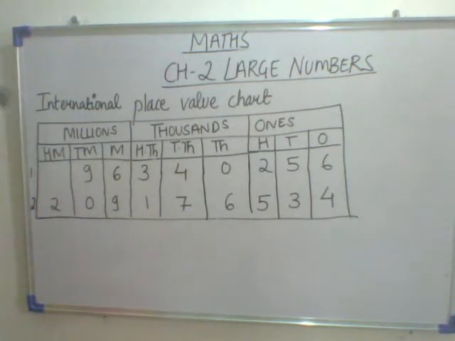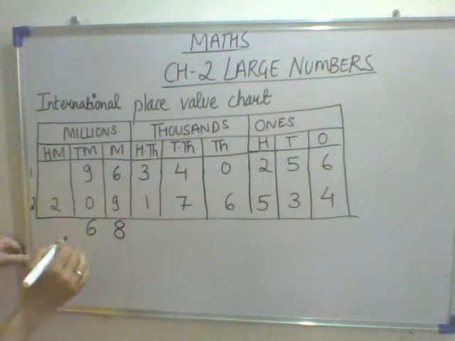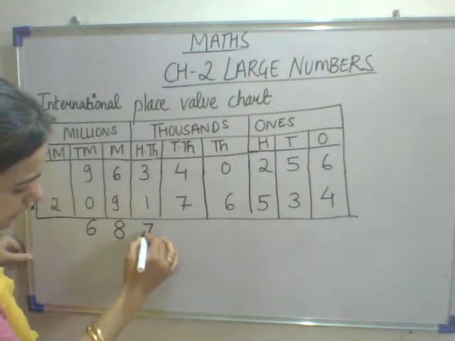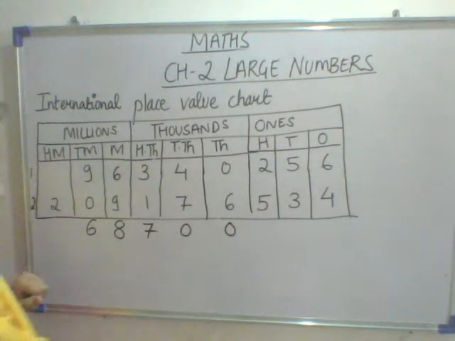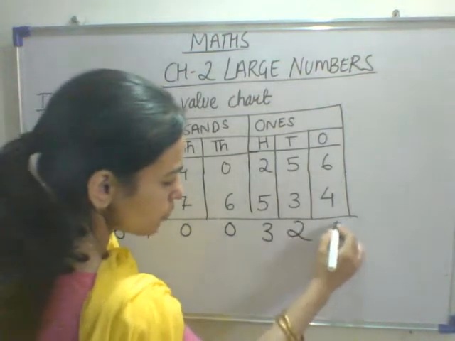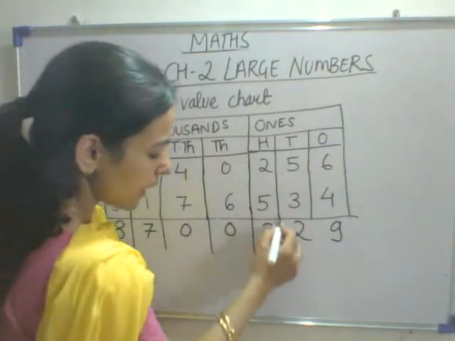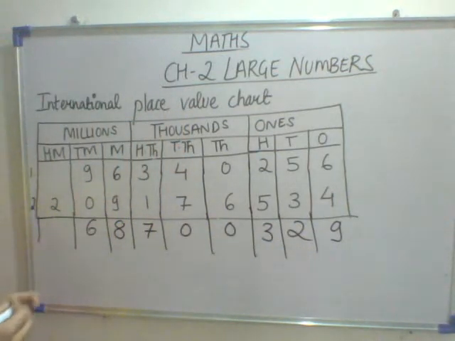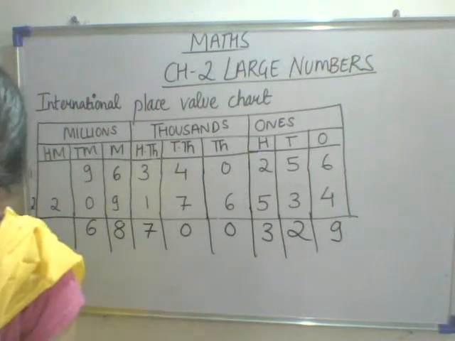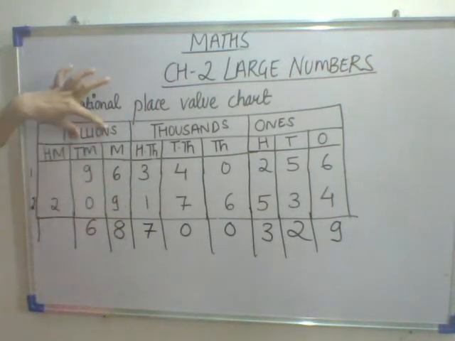Let us take another example so that it will be more clear to you. I am writing the number 68,700,329. You have to tell this number in international system. What is this number exactly? It is 68 million.